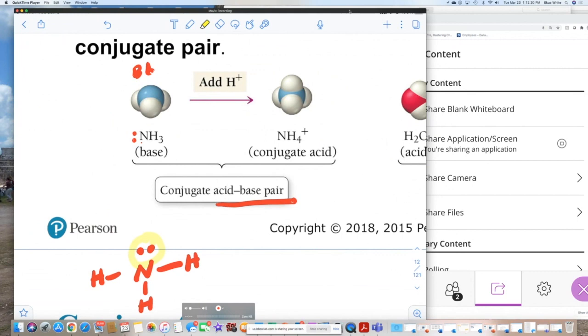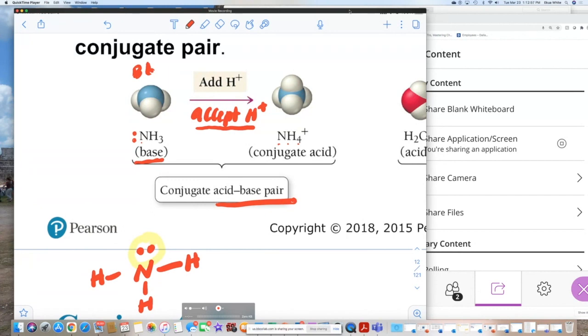The other way you know NH3 is a base is that it receives, it accepts H plus to become NH4 plus. If you see evidence of accepting H plus, it's just H plus, then the original compound that did the accepting is defined as the base.